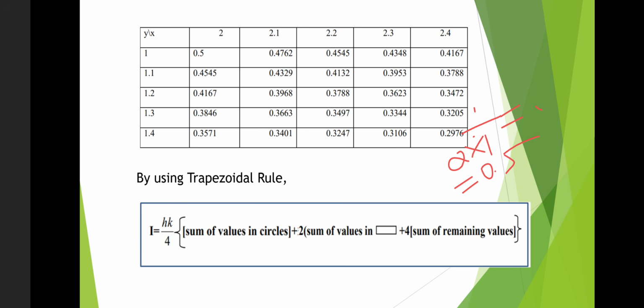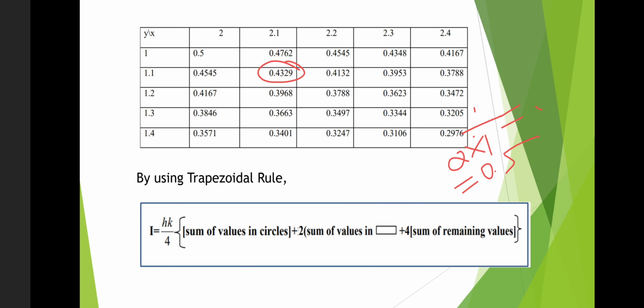Similarly, when x equals 2.1 and y equals 1.1, the function value is approximately 0.4329. In the same way, all the remaining nodal values are calculated and entered into the table.